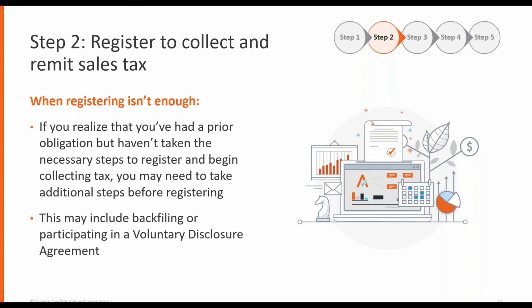There can be arrangements made through a voluntary disclosure agreement, or VDA, for back filing. The states really prefer to address those businesses who weren't paying taxes upfront. They'll work with you. They want to clearly get that revenue from you.